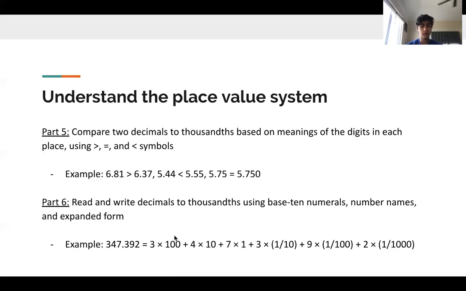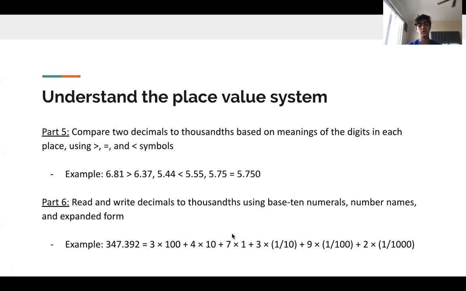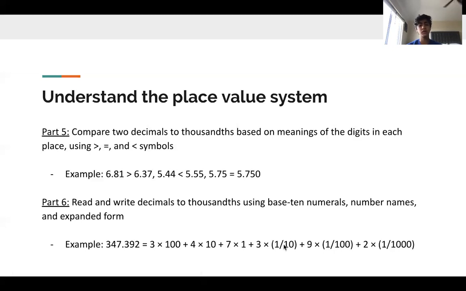Now we want to cover the 0.392. Really quickly before that, of course, just to cover the ones place, you do 7 times 1. You know how it's 100, then 10, then 1. So it's the hundreds place, tens place, and ones place. Let's move on to the tenths place, right? The tenths place here, it's 0.3. So we do 3 times 1/10. Okay, so right now we have 347.3. Then we move on to the hundredths place.